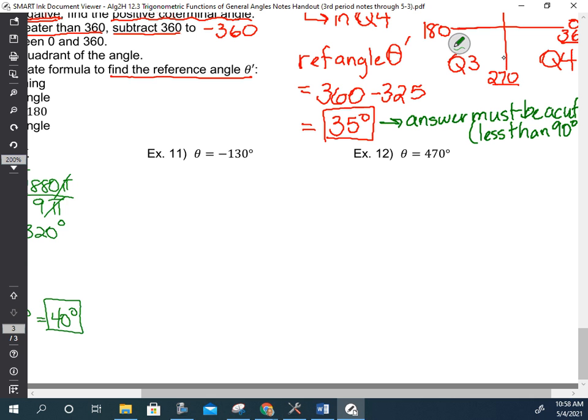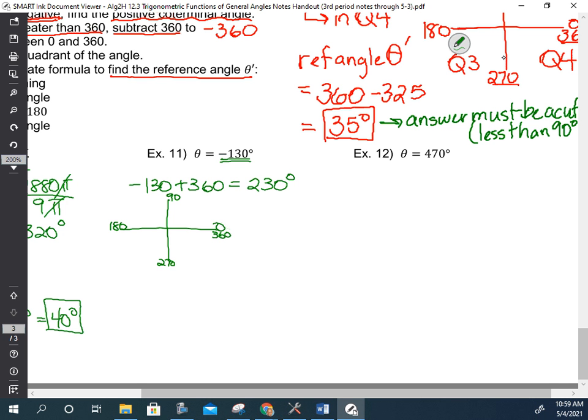For example 11, the key thing here is you start at negative. So since you start at negative, take your angle and add 360 to it. You're going to force it to be positive. So that ends up being 230. That's not greater than 360, so you don't have to worry about that. As far as 230 degrees goes, your quadrants are 0, 90, 180, 270, 360.